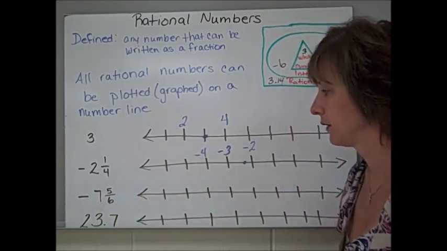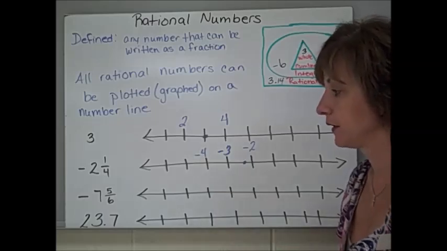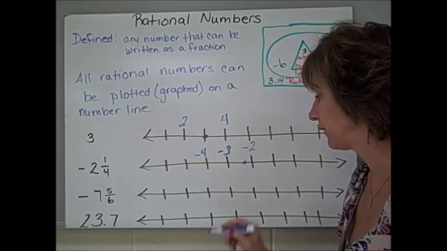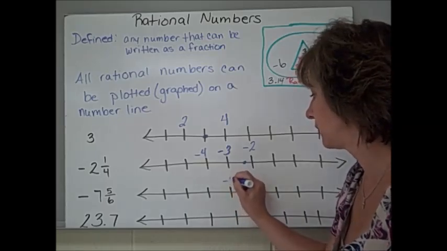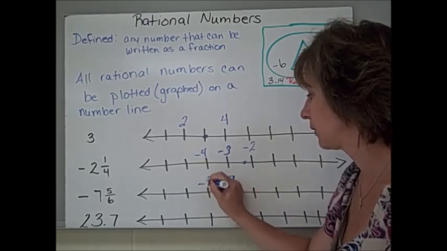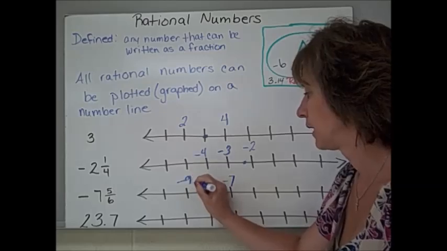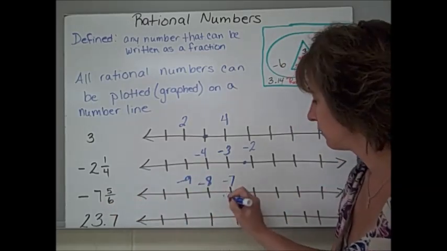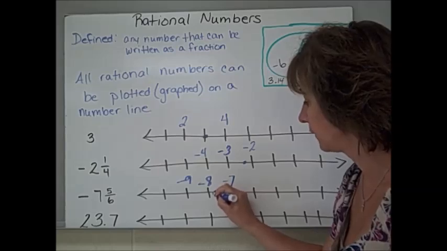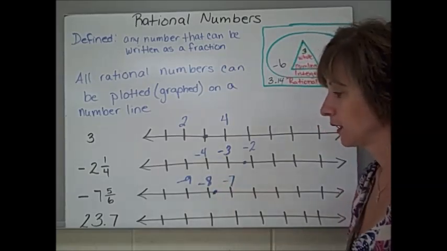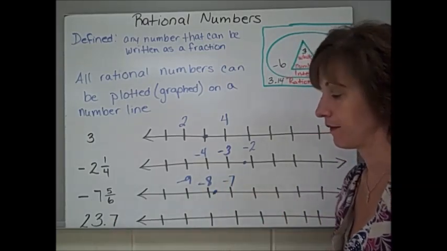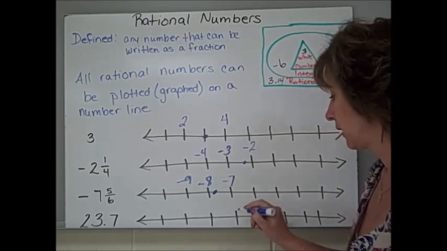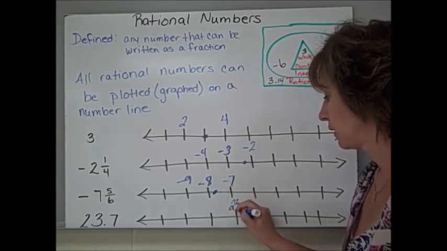-7 and 5/6. -7 and 5/6 is going to come between -7 and -8. So if this is -7, then this would be -8. And I know that this would be closer to -8 than it would be to -7. 23.7. 23.7 would come between 23 and 24.